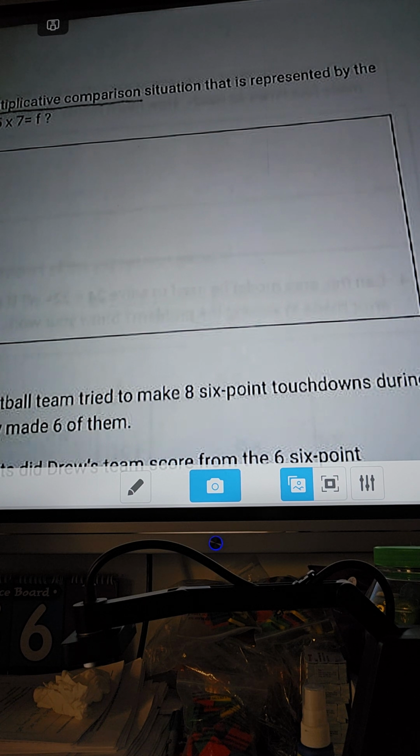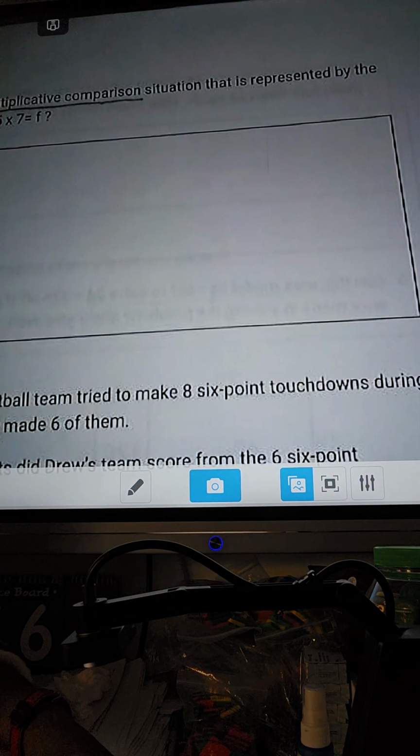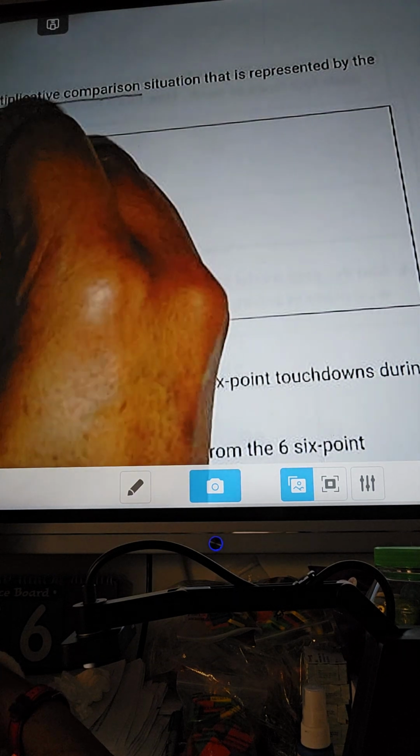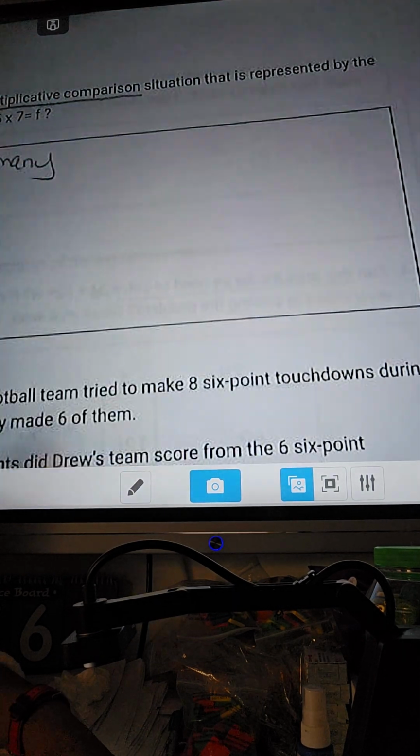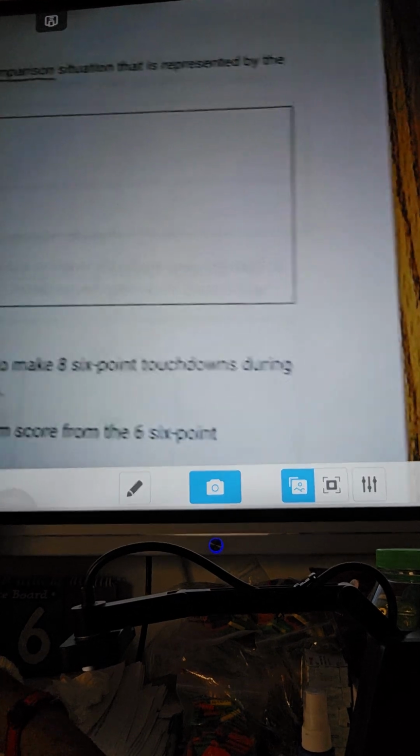What words do you normally find in a multiplicative comparison situation when you're reading a question? Kaylee? No, that's okay. I'll do one. Normally, you would find times as many. Y'all don't remember times as many? So, in other words, I didn't do a good job. No, because if you don't remember, then we got a problem.